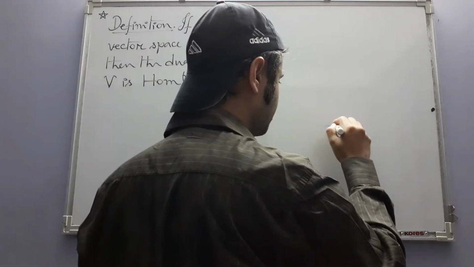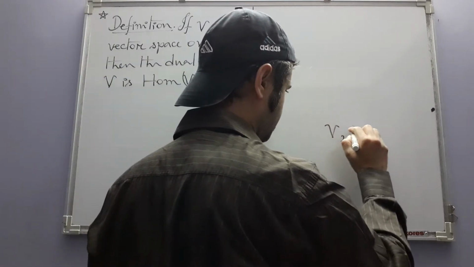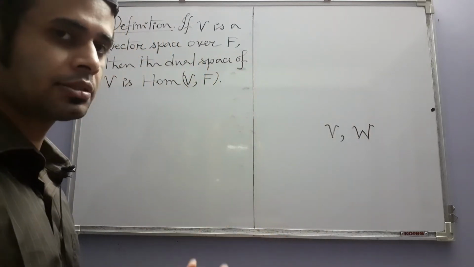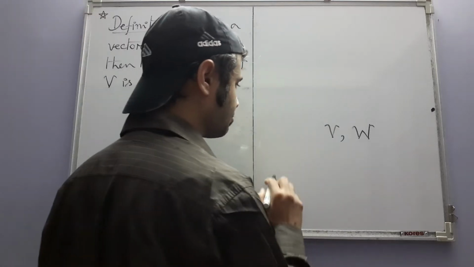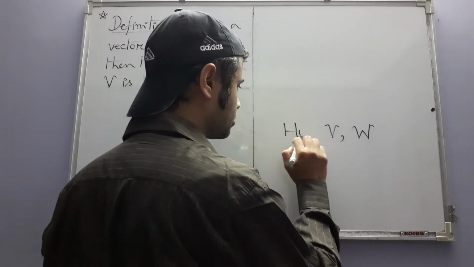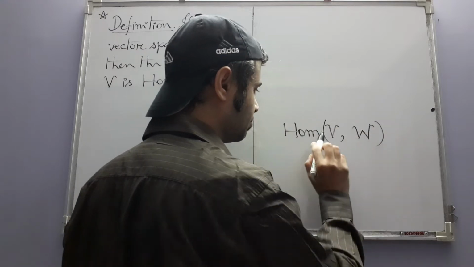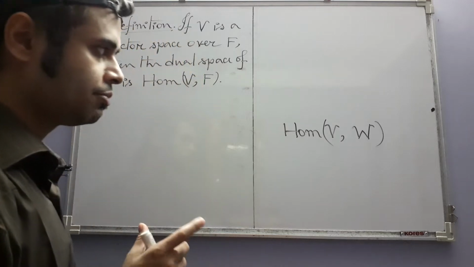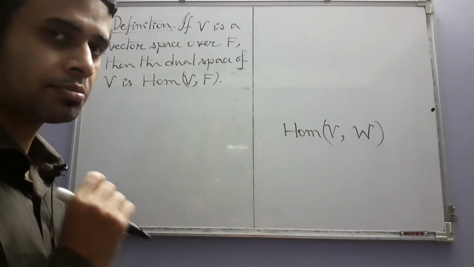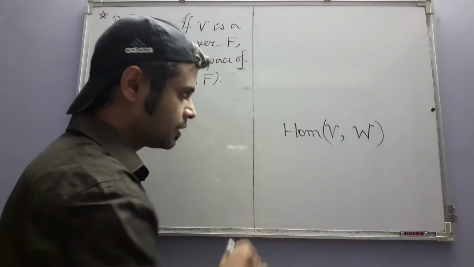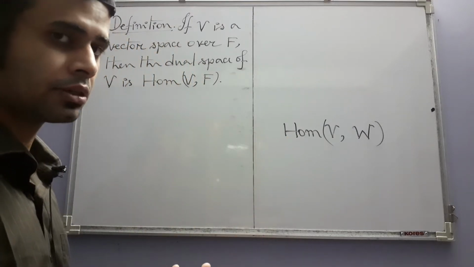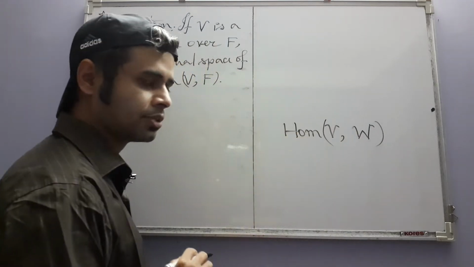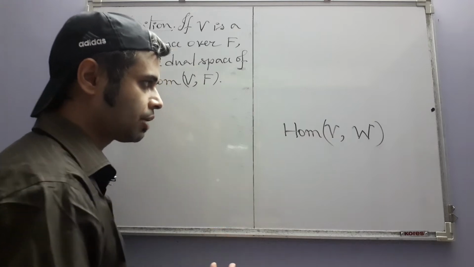If we have two vector spaces V and W with the same underlying field of scalars, say F, then we have considered the set of all vector space homomorphisms from V into W, and we have introduced an addition and a multiplication by scalars on this set itself that turns it into a vector space. And we have also calculated the dimension of this space when V and W are both finite dimensional.